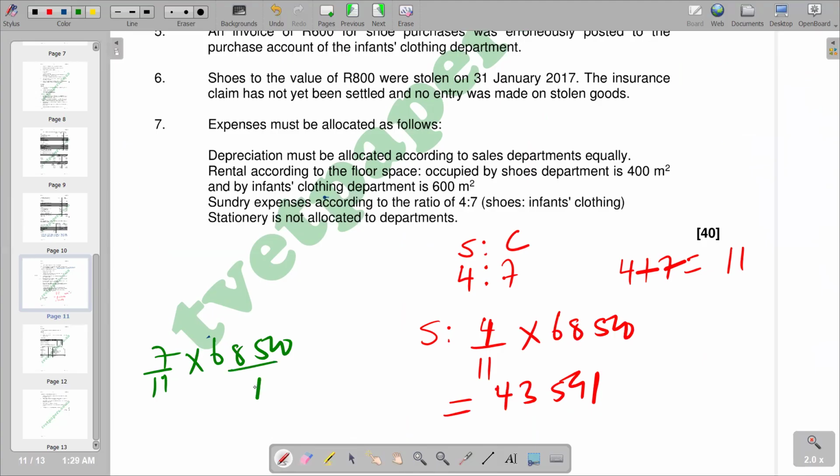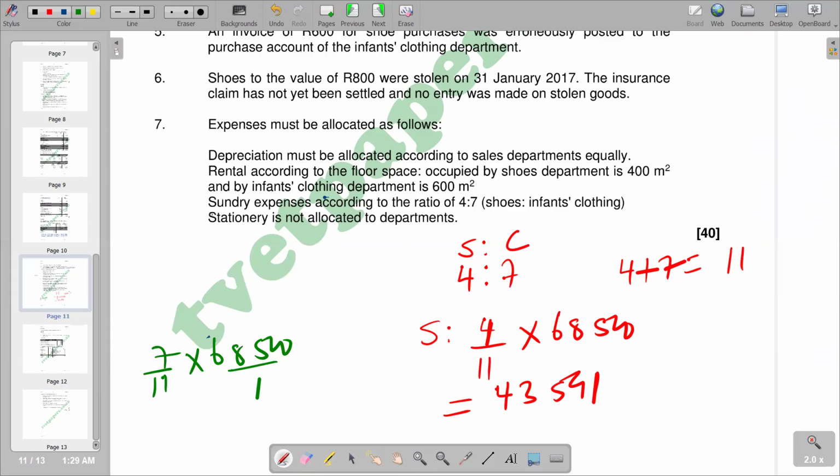So we can as well try to calculate to see what we get. So you're going to get it as 43,591 to nearest whole number.